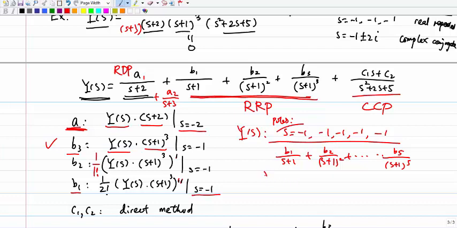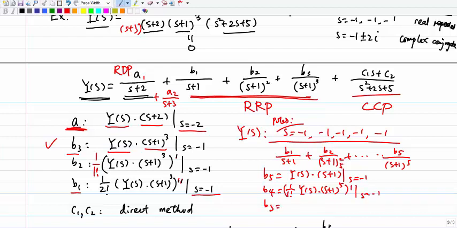No, sorry, it should be b5 is y(s) times s plus 1 to the fifth, and you evaluate at s equal to negative 1. And b4 will be 1 over 1 factorial, y(s) times s plus 1 to the fifth, and you take one derivative, and s equal to negative 1.